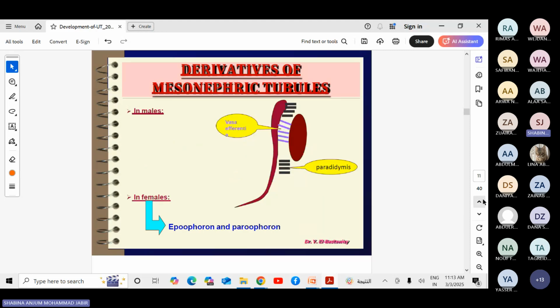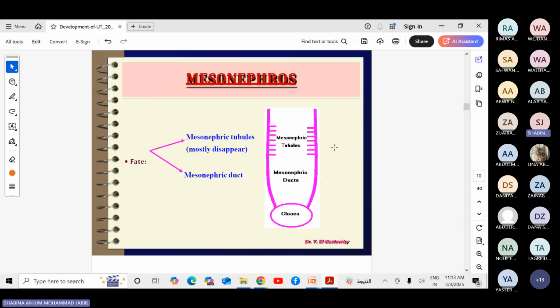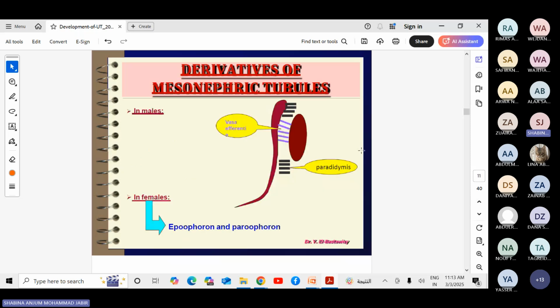Now what is going to happen to these small tubules? In males, they will give the vasa efferentia and paradidymis. What is this? It is not epididymis, it is paradidymis.